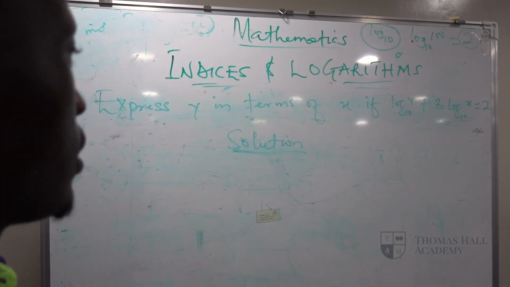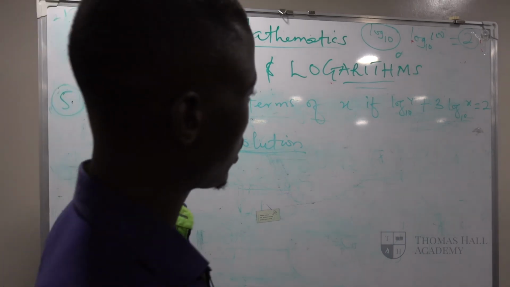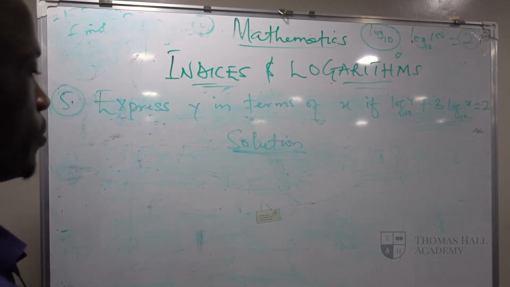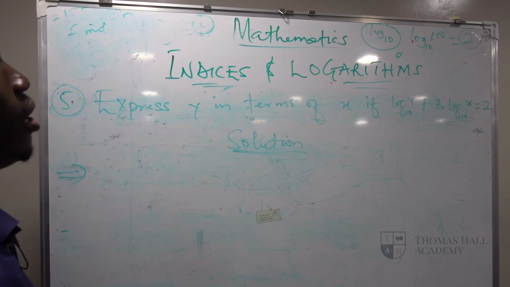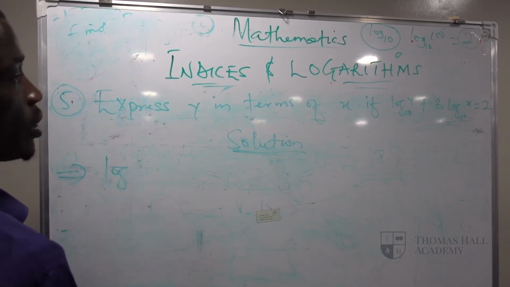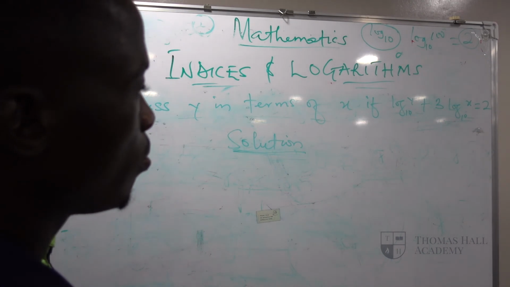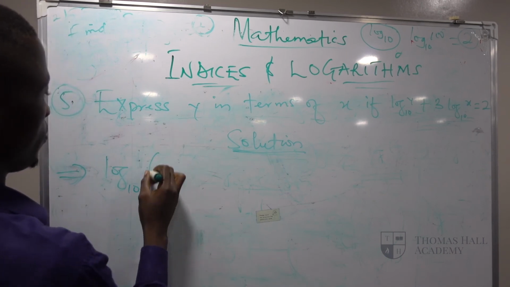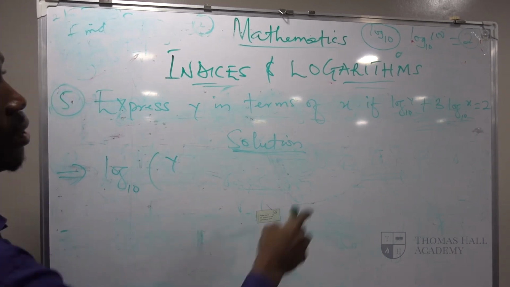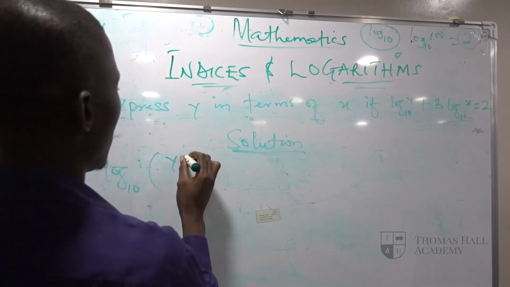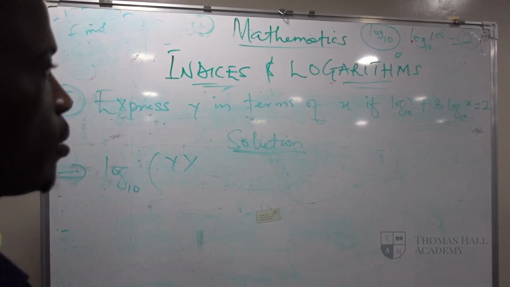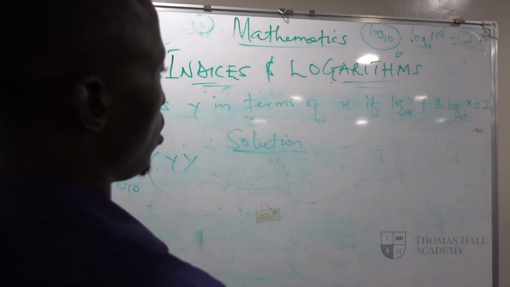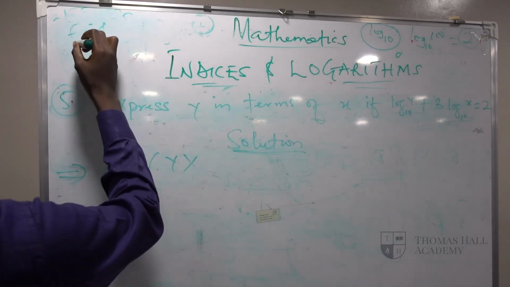Express y in terms of x if log y base 10 plus 3 log x base 10 equals 2. Let's do this again. Log y. Now, both of them have the same base. The two logarithms have the same base. We are adding the two logarithms, so the plus becomes times. Now let's look at 3 log x base 10.